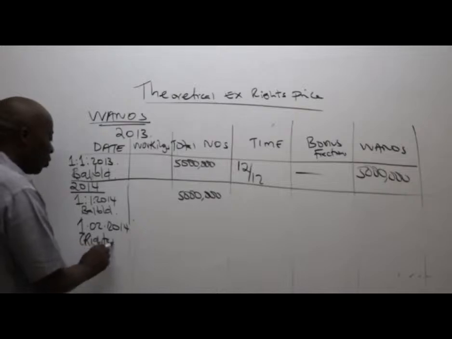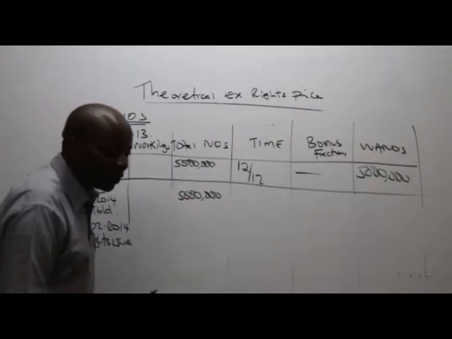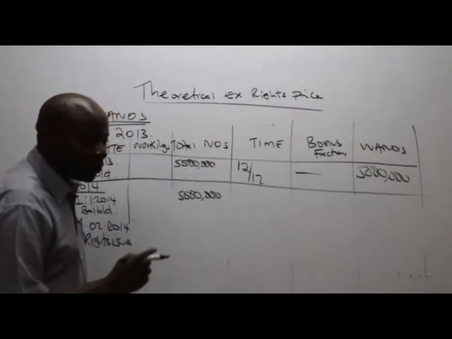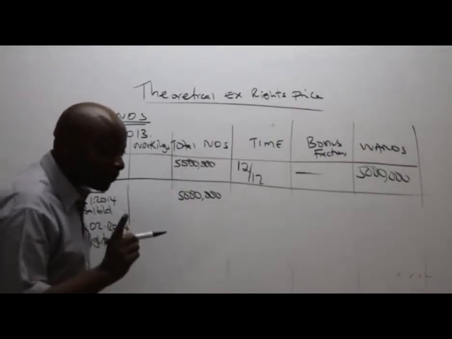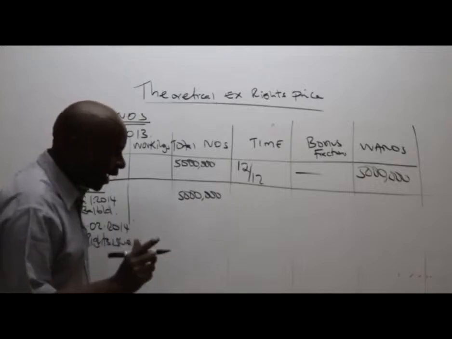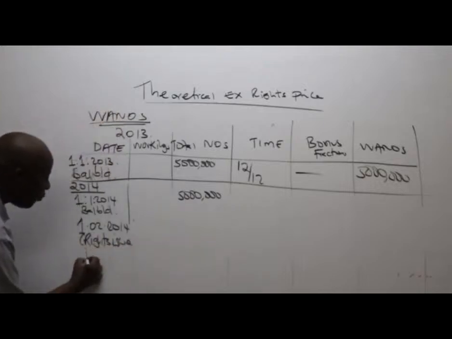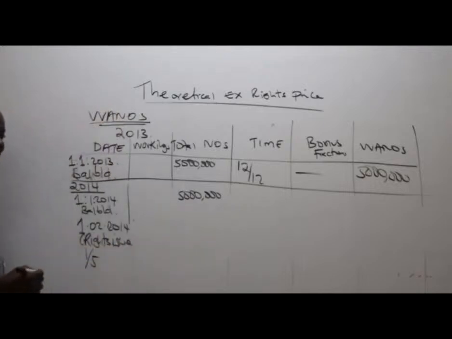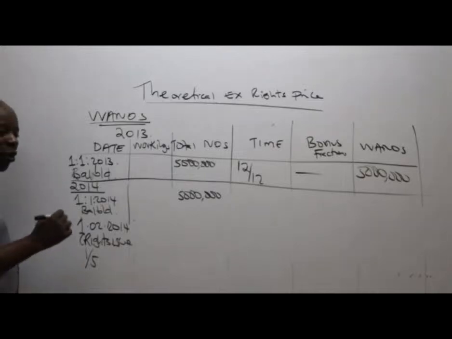A rights issue of how much? A rights issue of what fraction? Oh yes, you are guiding me. A rights issue of 1:5. A rights issue of 1/5.